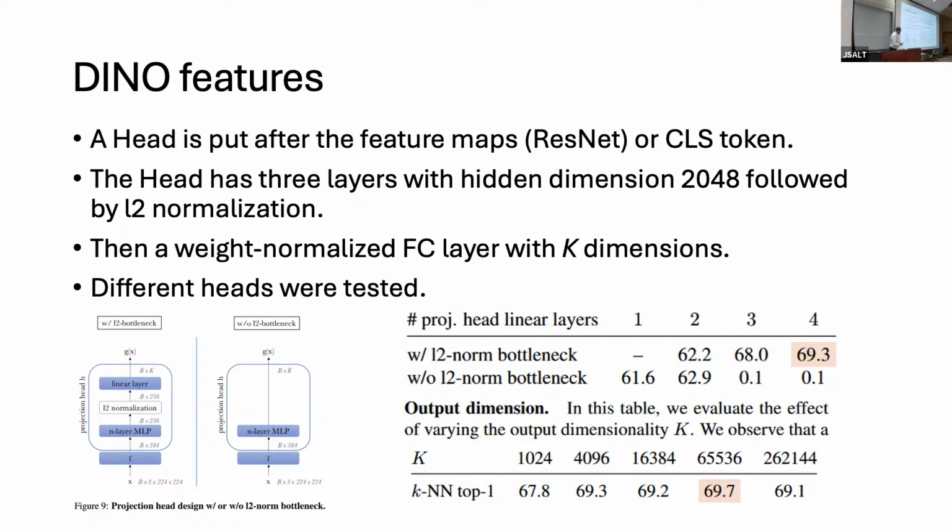In this table, K is the number of neurons in your head that you are computing the softmax from. And they are not playing around. They have 65,000 dimensions. Imagine that with ImageNet you have 1,000 classes, so 1,000 neurons at your classification layer, and here they have 65,000, and it provided the best results, even though it is not that different from the other numbers.